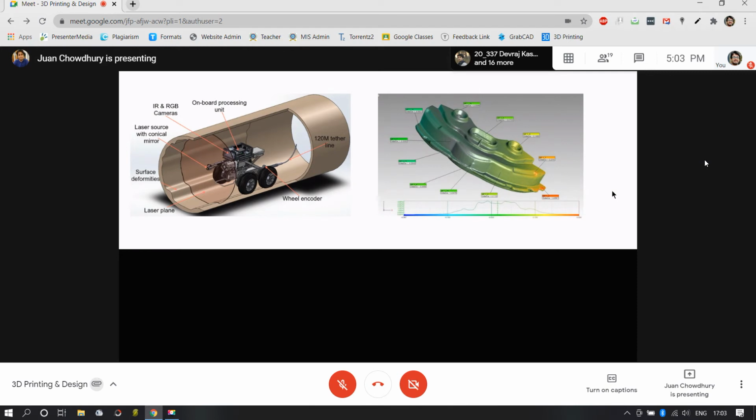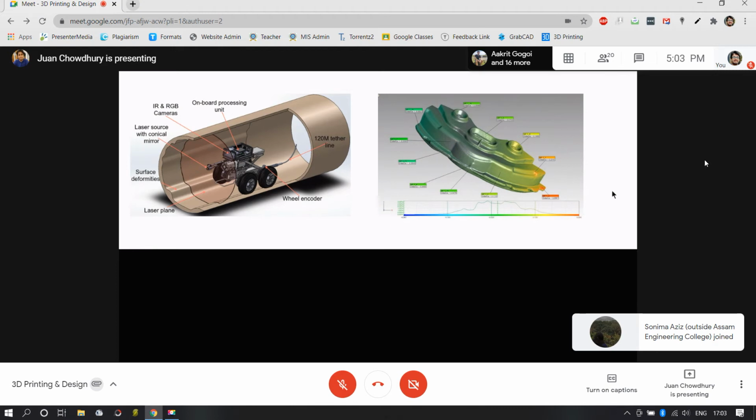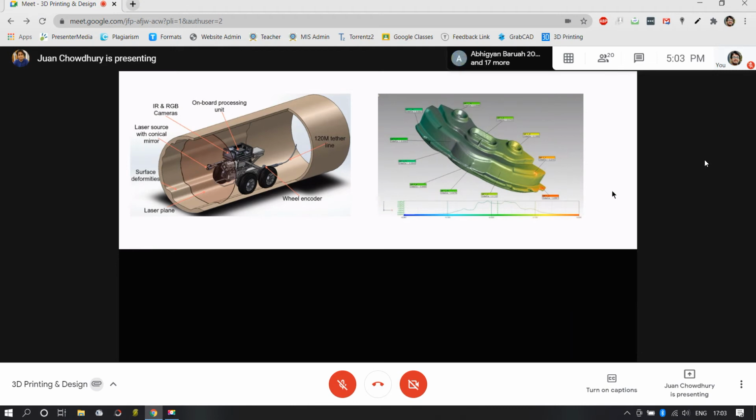On the right, what you have is a 3D scanned part, from which we can recollect some information of damage or of fracture, of strain, of thermal stresses being developed.